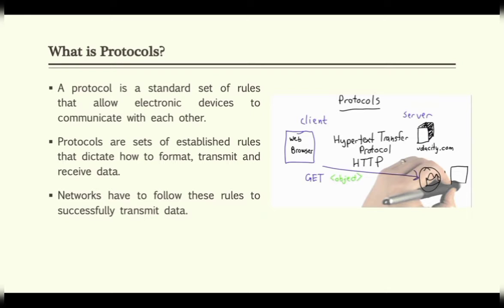From here we can say two different protocols. One is HTTP and another one is HTTPS. Both are doing the same functionality: how to format the web content, how to transmit the web content, and how to receive the data from the web content. Like that, it is performing the task.